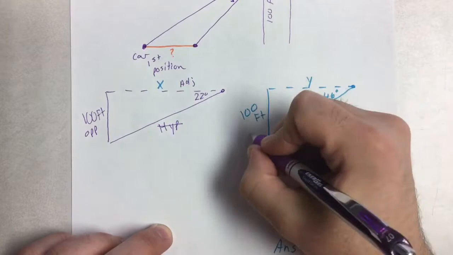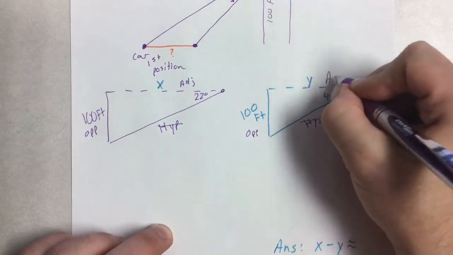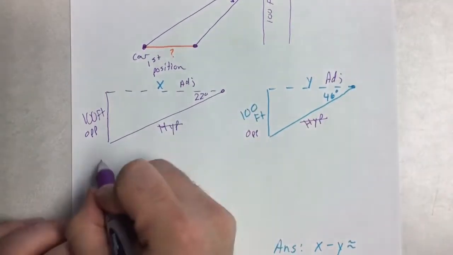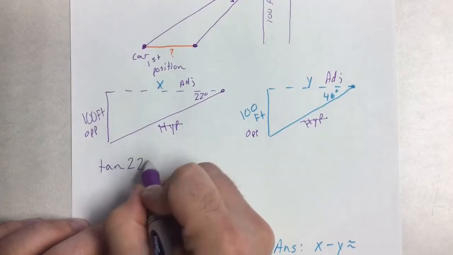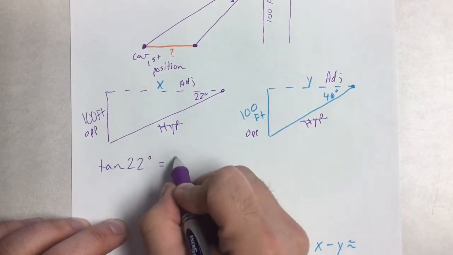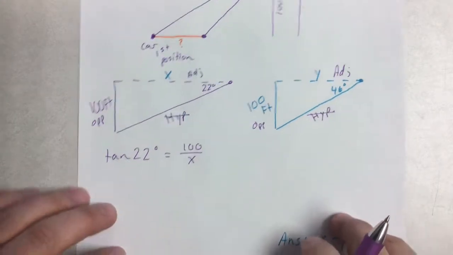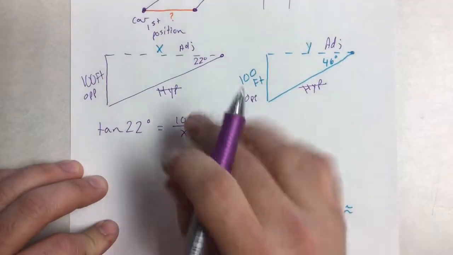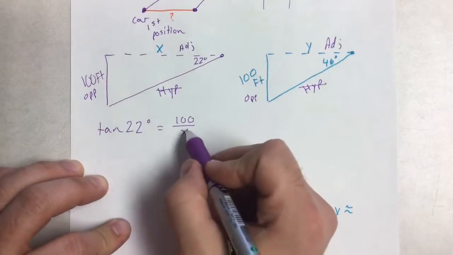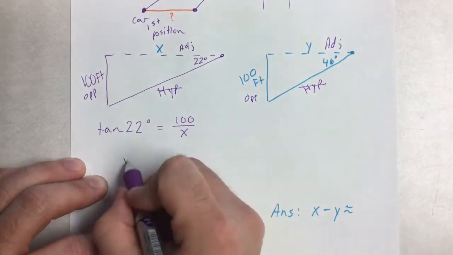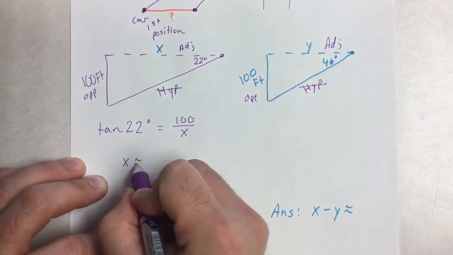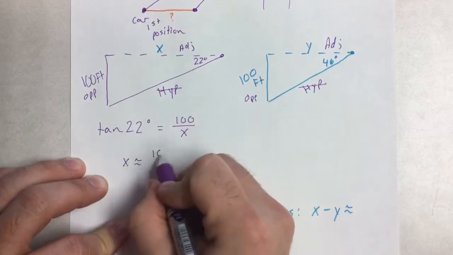So in both situations, we're going to be using tangent. So tangent of 22 degrees equals opposite divided by the adjacent. All right, so I'm going to do my quick trick. X is in the denominator, so we divide.